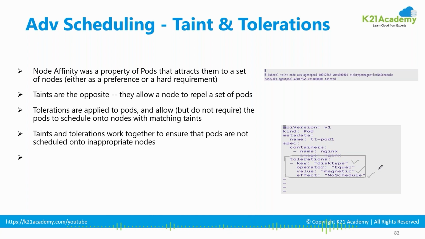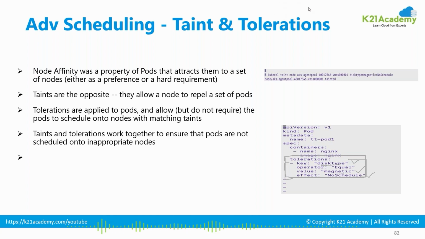Wherever you find a node whose effect is no schedule, do not schedule any pod, and the label used is disk type equal to magnetic. If this particular tainting information is there, then deploy the pod on this one. Deploy the pod on the worker node where this toleration condition exists.